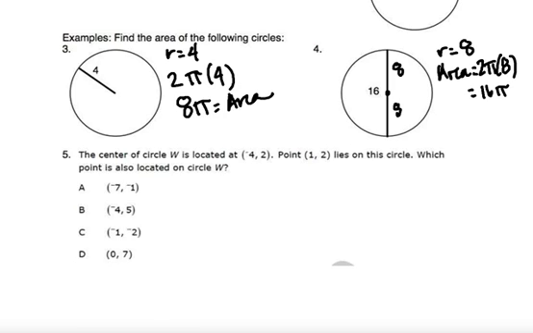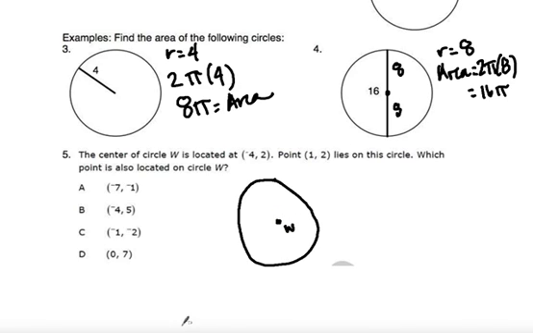Number 5 says the center of a circle W is located at negative 4, 2. Point 1, 2 lies on this circle. Which point is also located on circle W? So what you need to do is start out by drawing a circle so you can kind of picture what's going on. So you've got your circle.